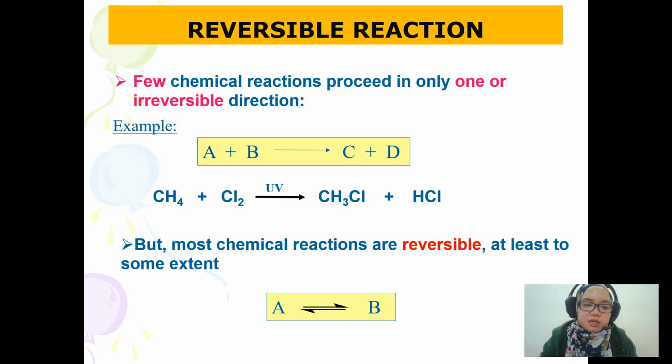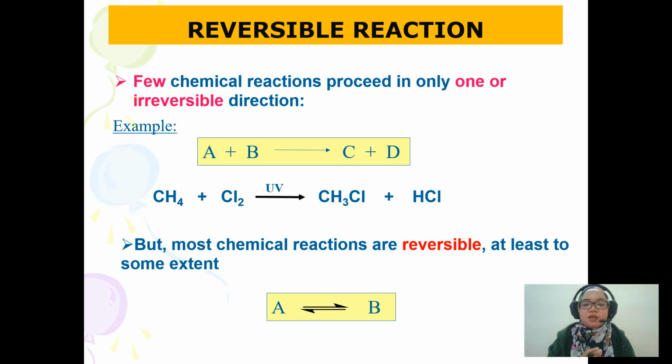For example, CH4 plus Cl2, it just undergoes the forward reaction to form CH3Cl plus HCl. So the non-reversible reaction is a reaction that proceeds in only one direction, and the reaction will stop when the reactants have completely converted into product.